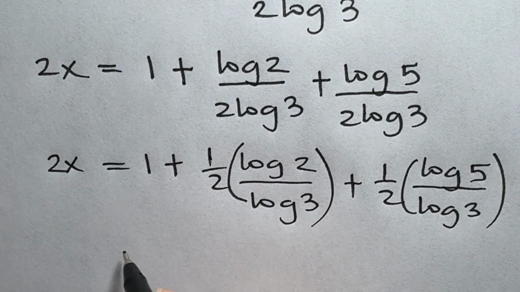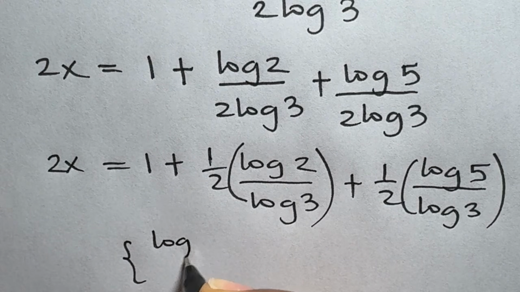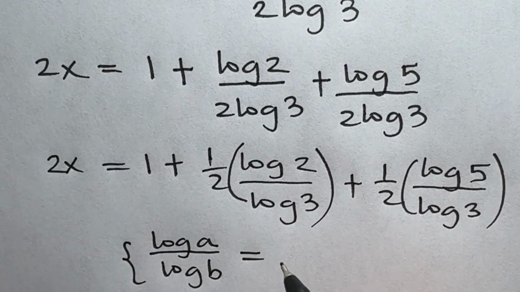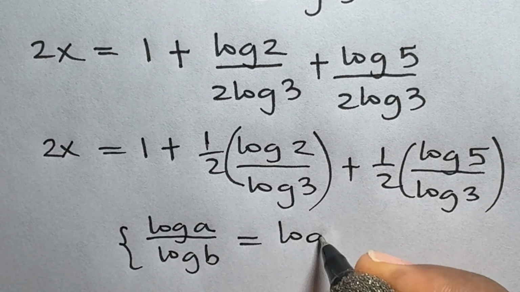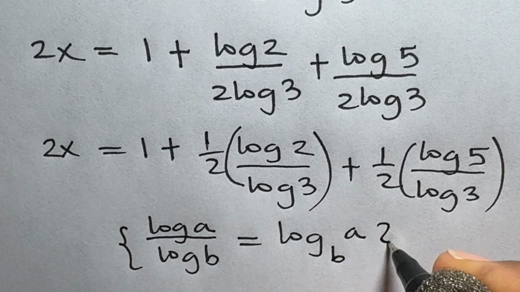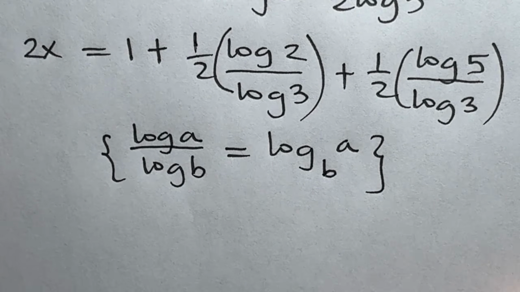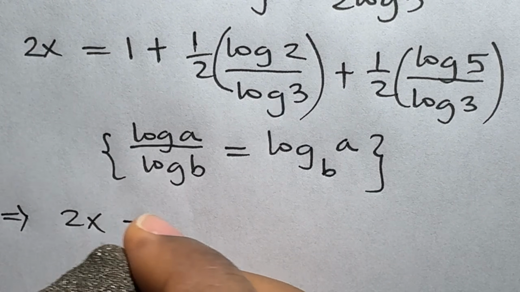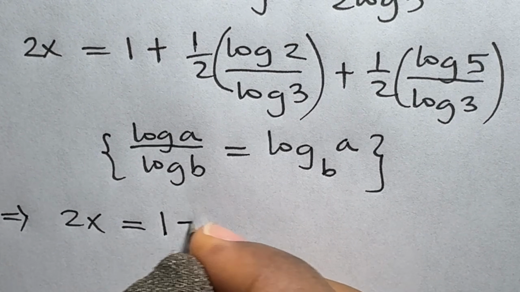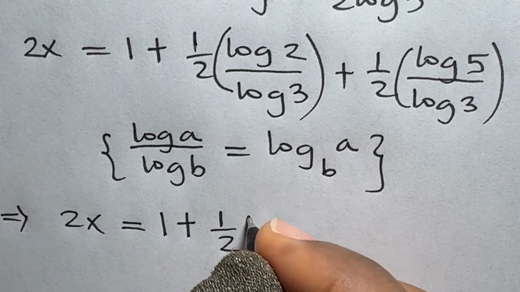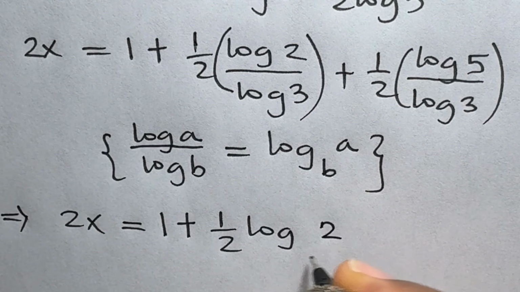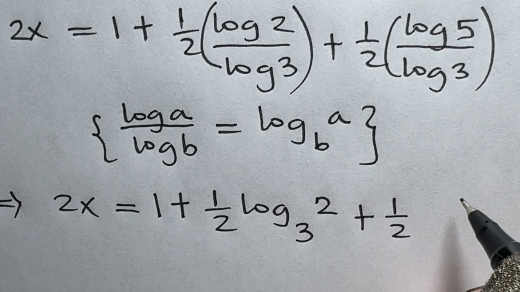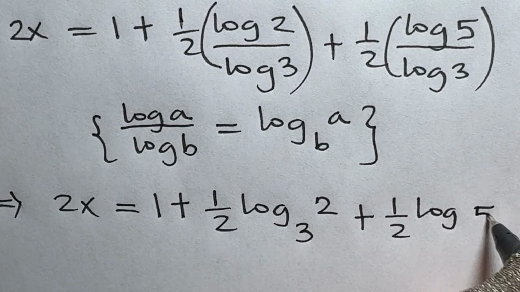Both expressions in the brackets are of the form log A divided by log B, which by logarithm will give us log A base B. This implies that 2x is now equal to 1 plus 1 over 2 log 2 base 3 plus 1 over 2 log 5 base 3.